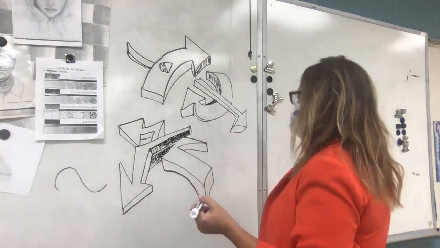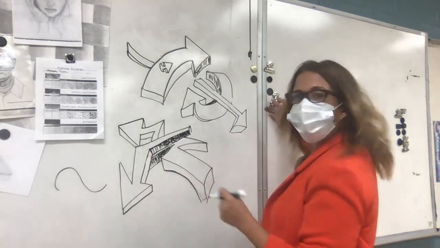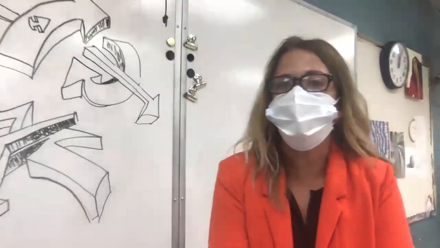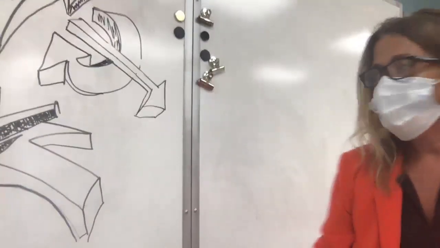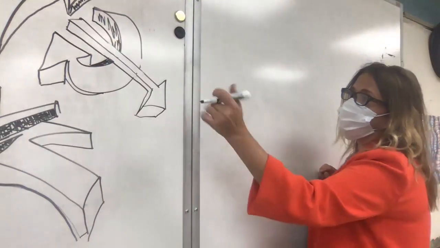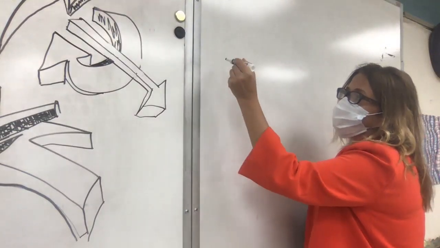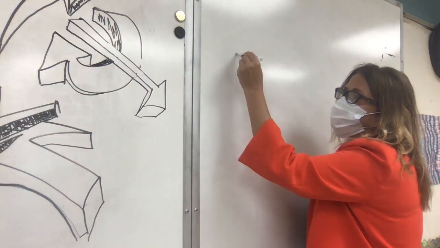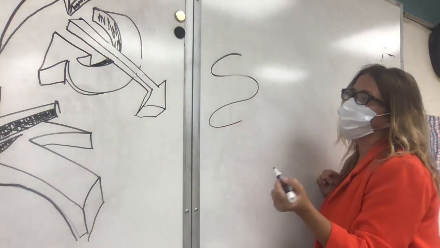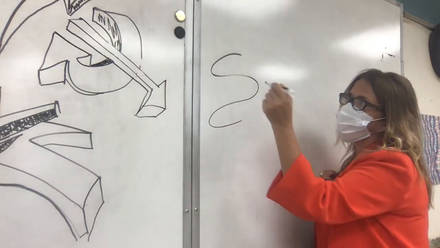For those of you that haven't done a ribbon, let me show you how to do a ribbon real quick, because you can take this concept of the arrows and turn it into a ribbon. Let's start off with the ribbon part first, and then we can come back in and make it like arrows.